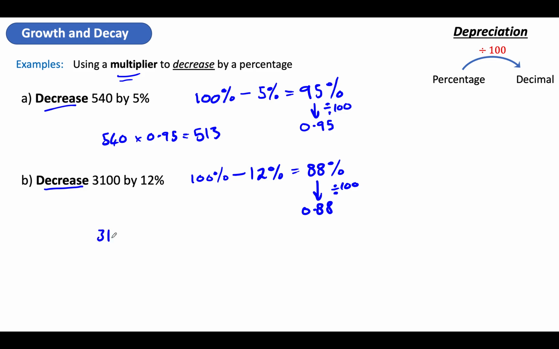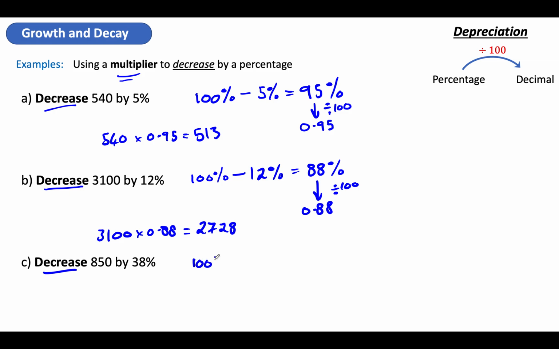It will reduce anything by 12% if you just times by it. So times by the multiplier. 3,100 times by 0.88 is 2,728. Magic, huh?